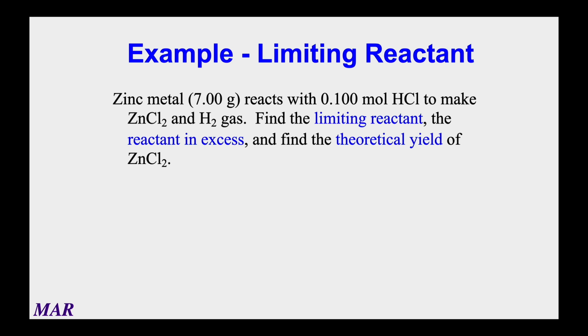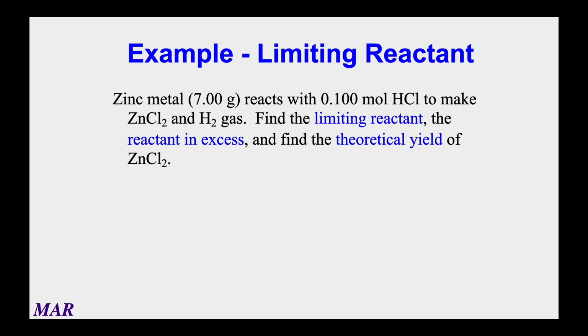Okay, so notice in this problem we're looking for a limiting reactant. So that answer will be either zinc or HCl. Only one of them can do it. And if we have a limiting reactant, which apparently we do, then there's also going to be an excess reactant.